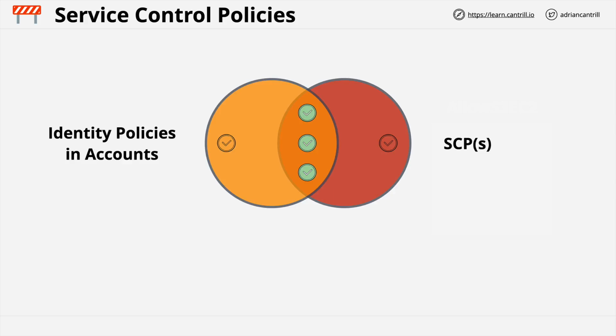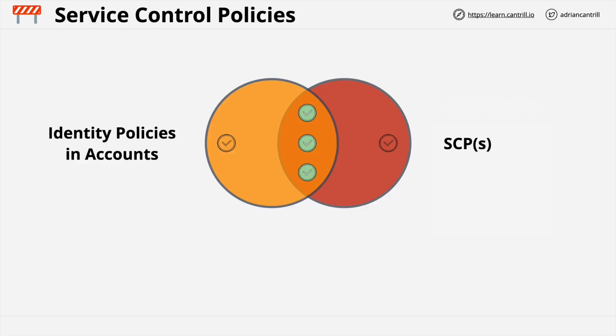On the right in red, this represents which services an SCP allows access to. So the SCP states that the three services in the middle and the service on the right are allowed access as far as the SCP is concerned, and the identity policies which are applied to identities within the account, so the orange circle on the left, grant access to 4 different services, the 3 in the middle and the 1 on the left.